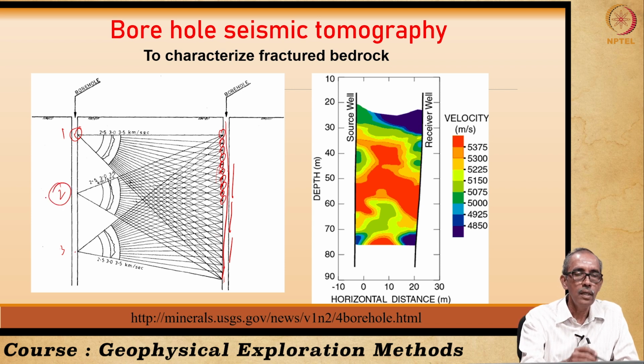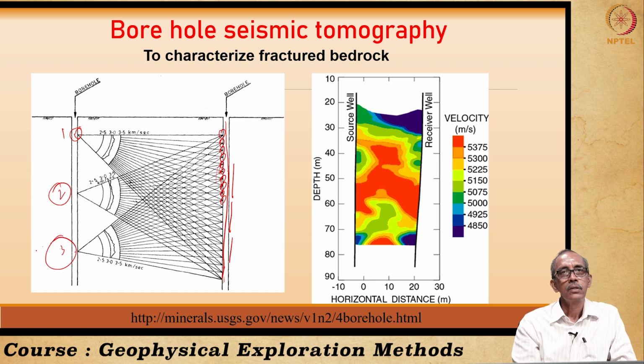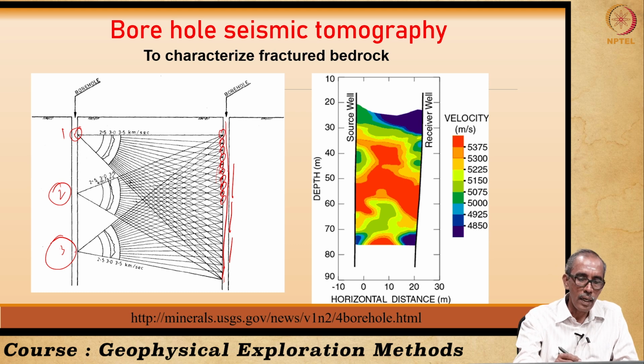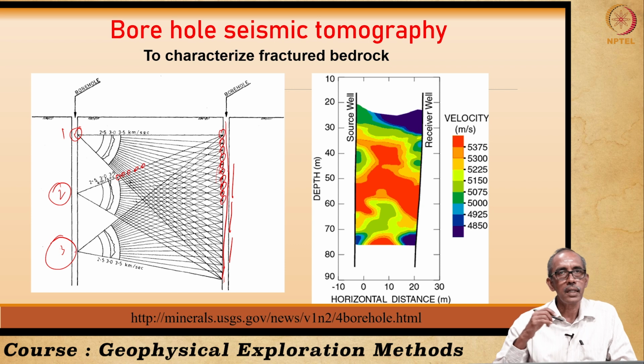Then we shift the source to location 2, location 3. So, this is how we have carried out the survey, and we can interpolate the velocity at different locations.